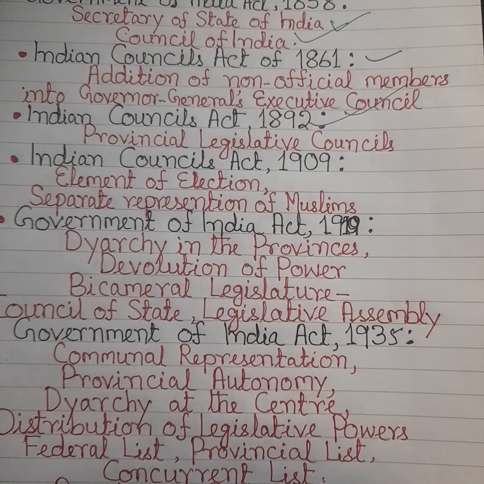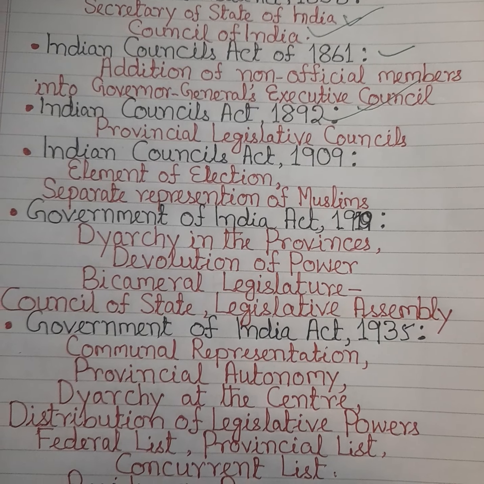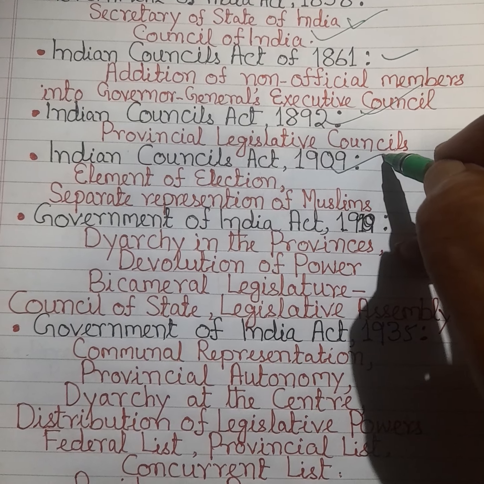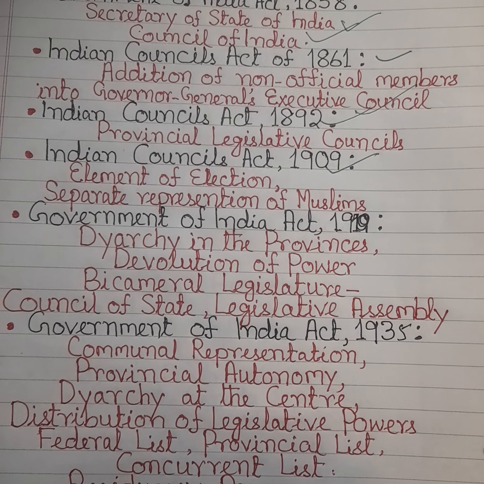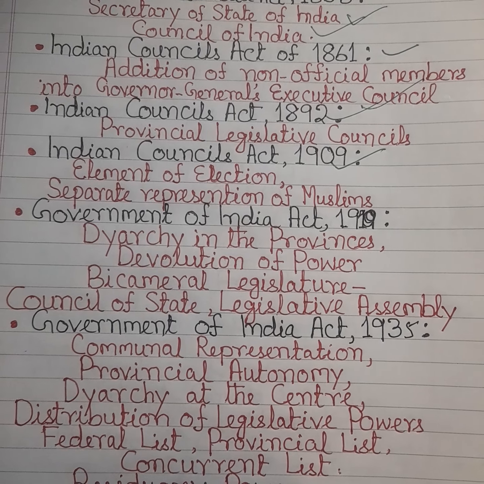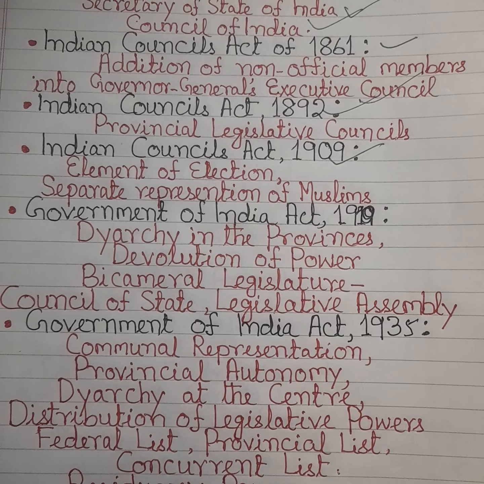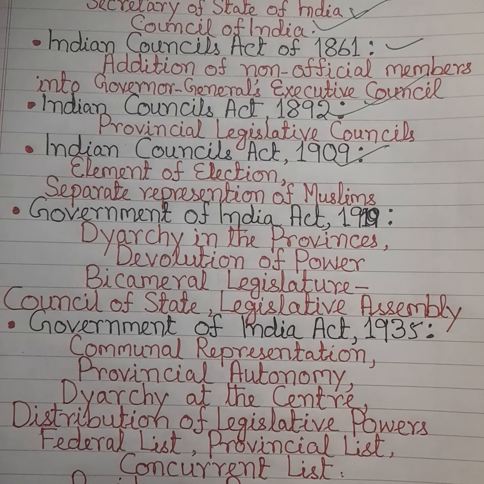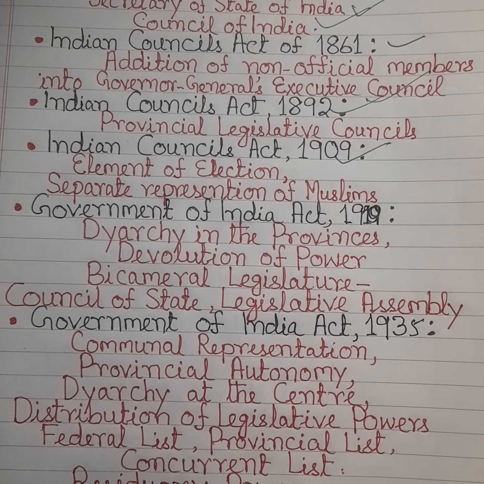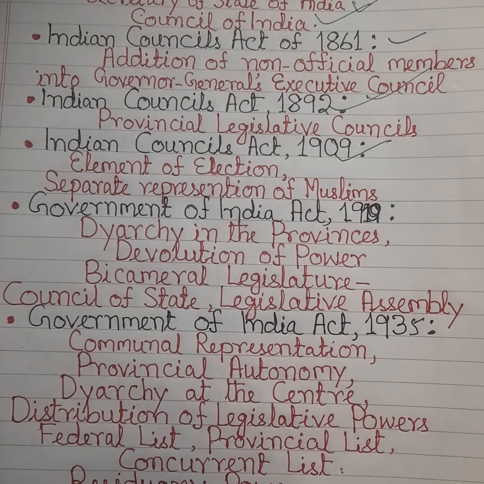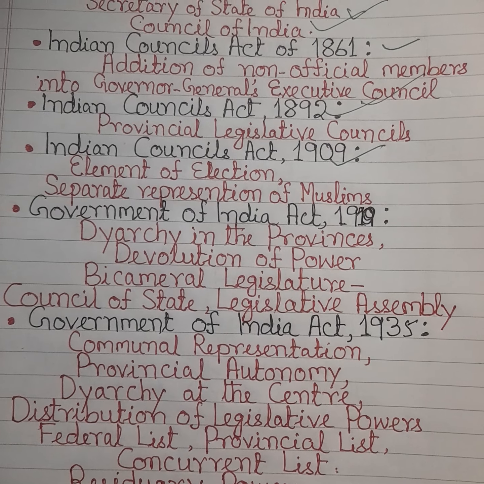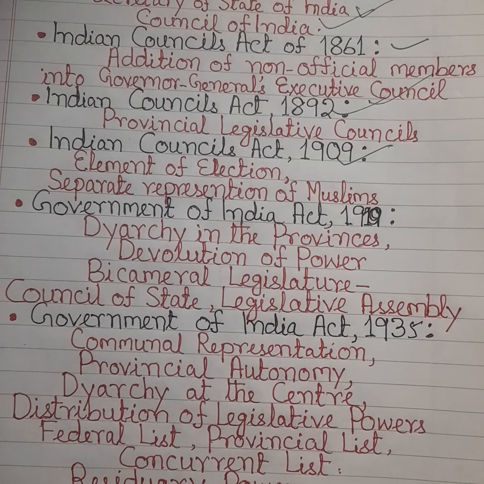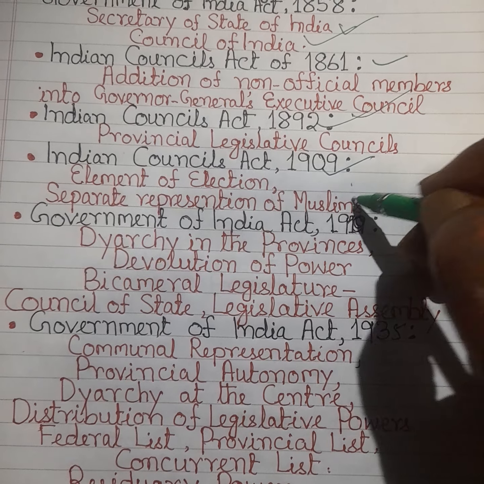Provincial Legislative Councils were formed, and subsequently Indian Council Act 1909 was enacted by the British Parliament for administration of the British India territories, and the very Act, Indian Councils Act 1909, for the first time introduced an element of election, and besides that also this act was notorious for introducing separate representation to Muslim.